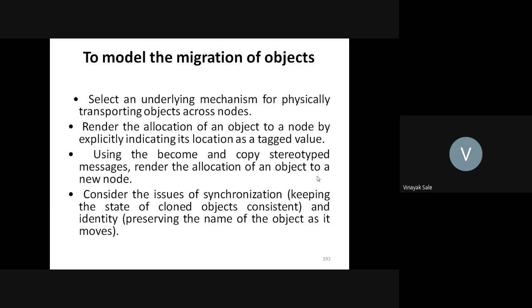Using the become and copy stereotyped messages, render the allocation of an object to a new node. Consider the issues of synchronization, that is keeping the state of cloned objects consistent, and identity, that is preserving the name of the object as it moves.